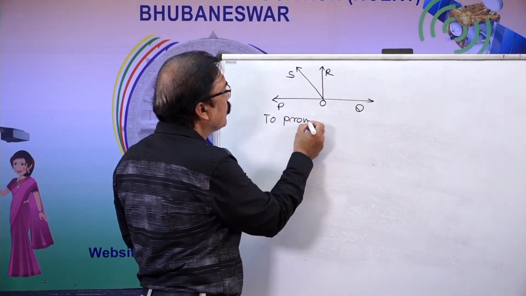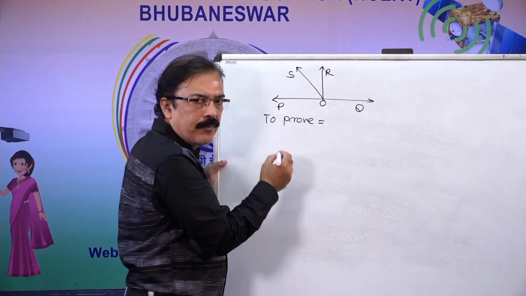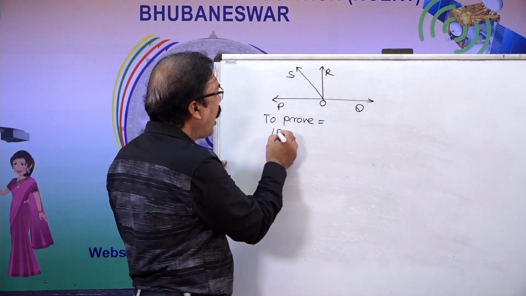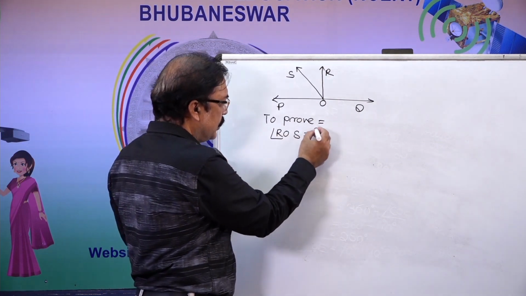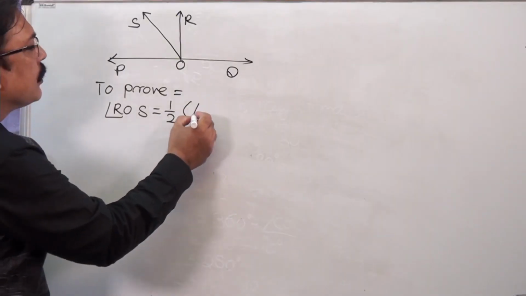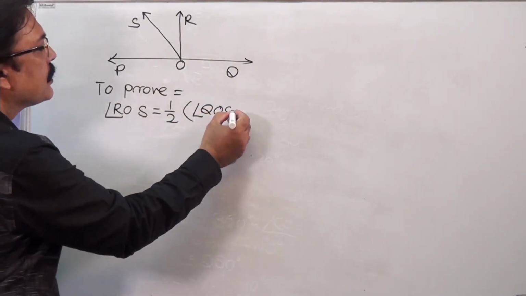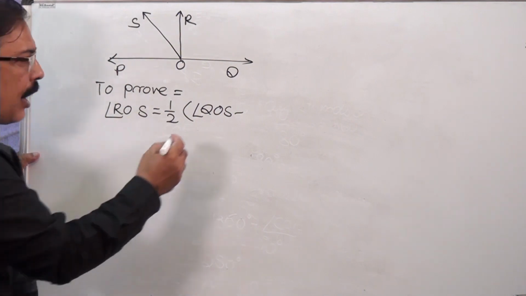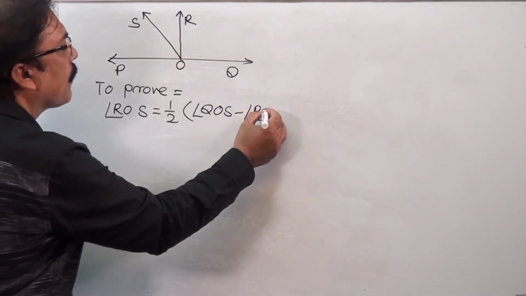To prove: angle ROS is equal to half of angle QOS minus angle POS.